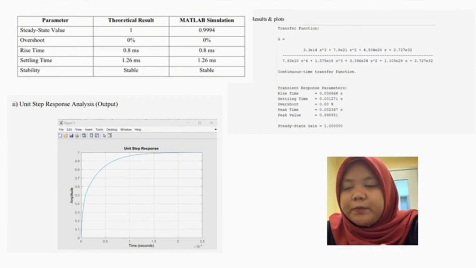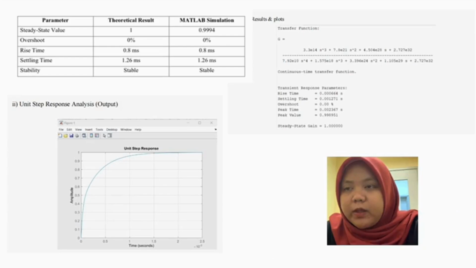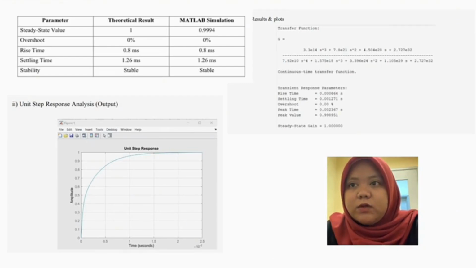The steady state value is approximately 0.9994, which is very close to the input value of 1. This shows that the system has a steady state gain close to unity and can accurately follow the input signal.